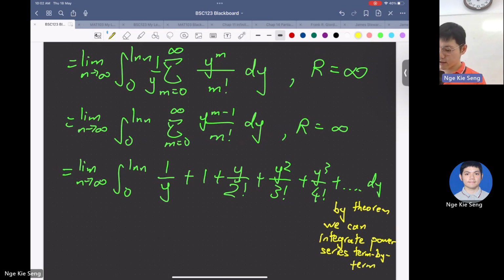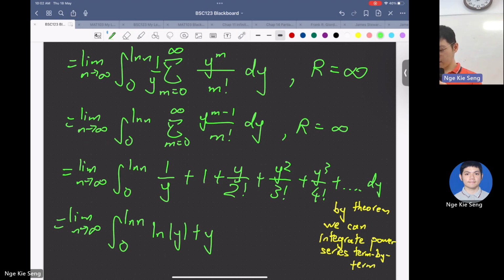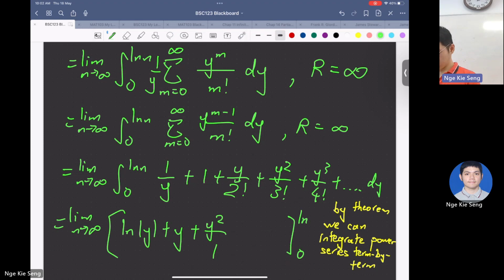Okay, so what do we get? I think now it's easier, right? This integration here, everything you know how to integrate. You get ln y plus y squared over 2, sorry, this one should go away already. I'm integrating, so from 0 to ln n.